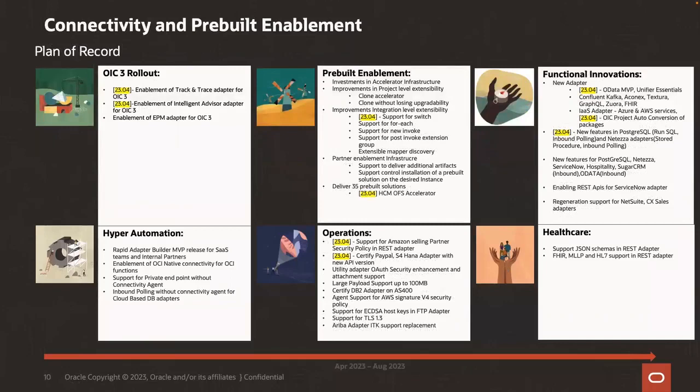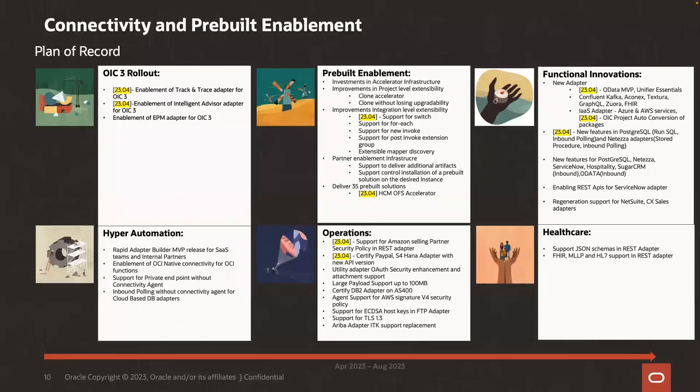It's all enabled for OIC3 together with track and trace. We've added support for the Amazon selling partner security policy in the REST adapter. And so this is important if you're pushing things in as a seller into Amazon. We now support that through the REST adapter, their specific security.